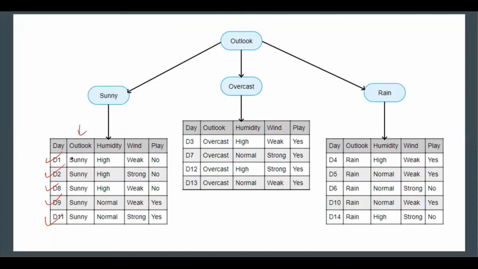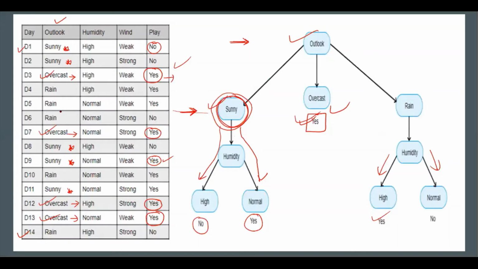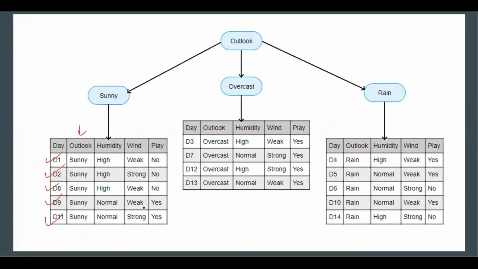And we have collected all other information for Sunny. 1, 2, 3, 4, 5. And you write the complete row here. This is the second row from the downside, this is the third row, this is the fourth one, this is the fifth one. So all 5 rows we've written here in this case.